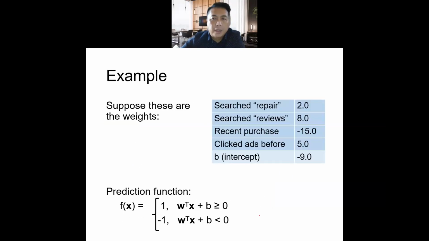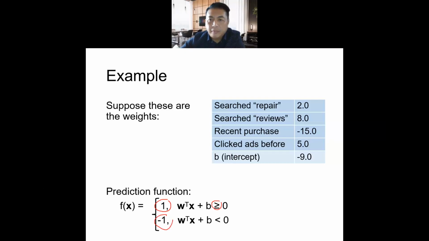Let's suppose we have the weights for each of the inputs. The prediction is positive, which is 1, if the value is greater than or equal to 0, otherwise -1.